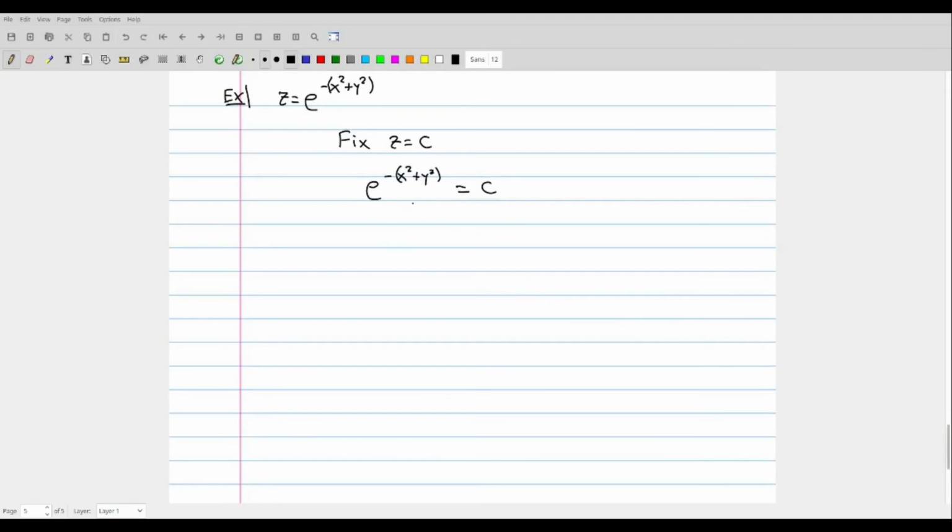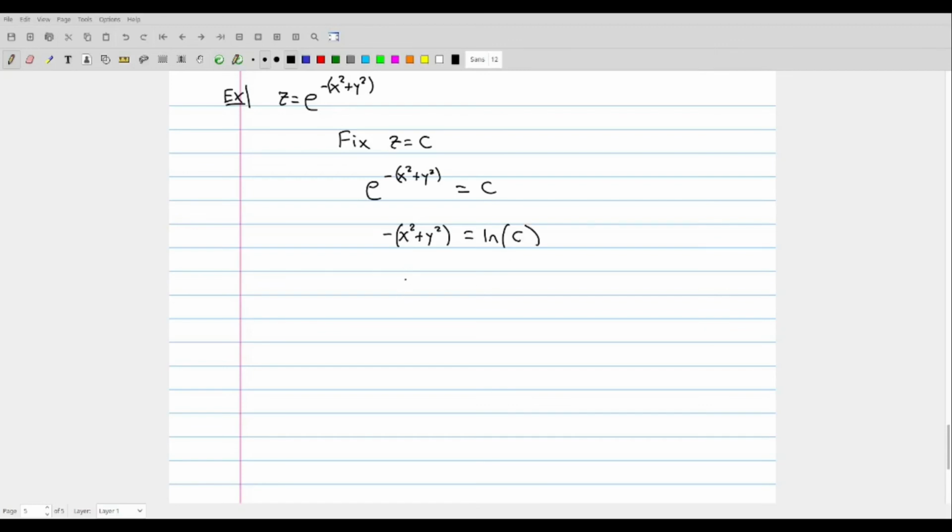which we can rewrite by taking the natural log of both sides. If I take the natural log of the left-hand side, I get negative (x squared plus y squared) is equal to the natural log of c.